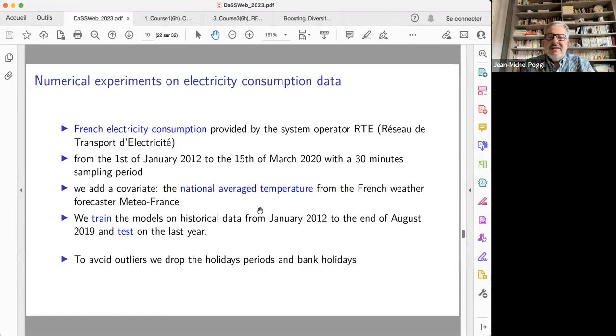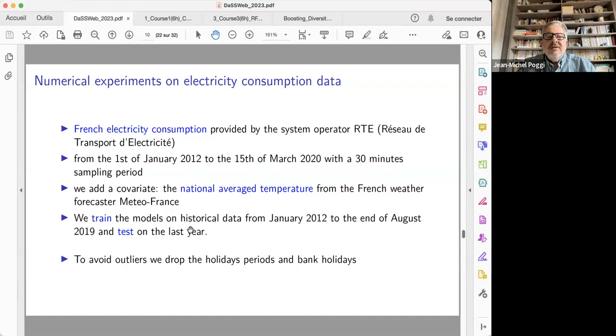Here we take the French electricity consumption provided by RTE, about 9 years of observation with a half-hour sampling period, with classical covariates. So the X includes some lagged values of Y, some lagged values of electricity, and some calendar variables. We also have another covariate, which is quite important, especially in France: the national average temperature from the French weather forecaster Météo France.